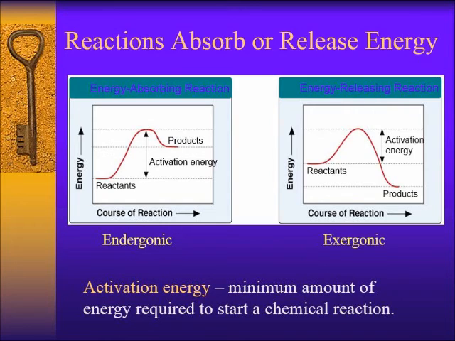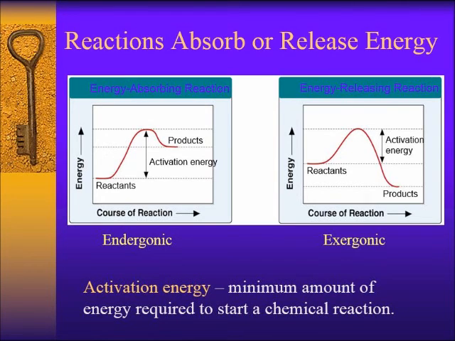The two graphs you see here are of the course of the reaction compared to the amount of energy that the substances in the reaction have. And you'll notice that in the endergonic reaction, the products have more energy at the end than the reactants started with. The line is higher on the graph on the energy axis.